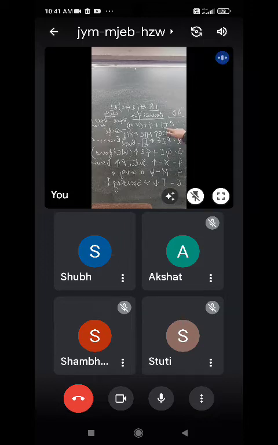Akshat, next point. Why? Because of business expectations, the producers want to earn more profit. Okay.